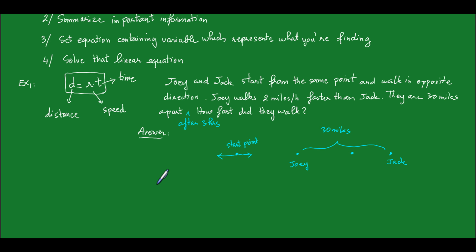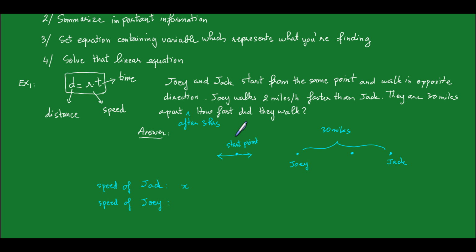So I'm gonna name the variable. I'm gonna name variable x to represent the speed of Jack. Then what is the speed of Joe?